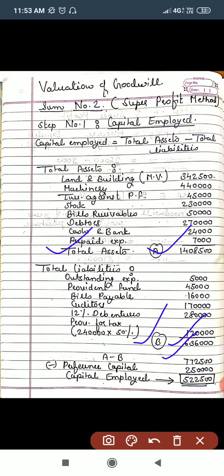If you deduct this, you will get 7,72,500, A minus B. Apart from that, you have been given the preference capital of 10%, rupees 2,50,000, which is again an external obligation which needs to be paid by the company, and that is why we will deduct 2,50,000 from our net assets of 7,72,500. Finally, you are getting your capital employed at rupees 5,22,500, and here we are completing our step number 1, capital employed.